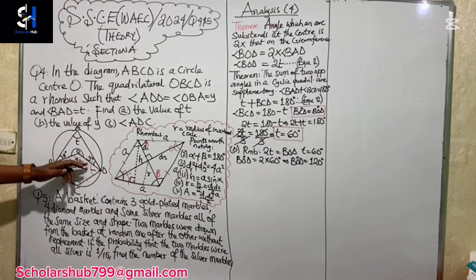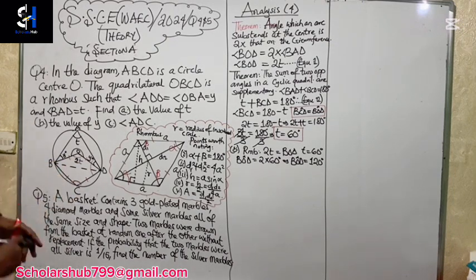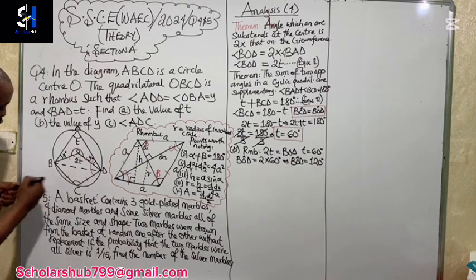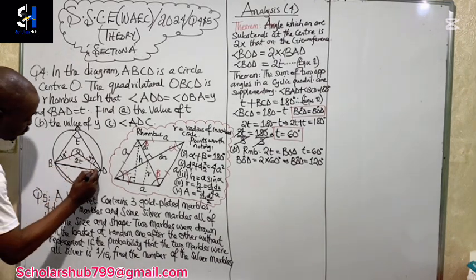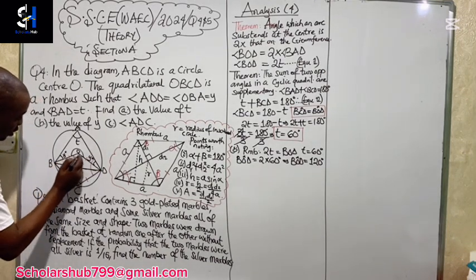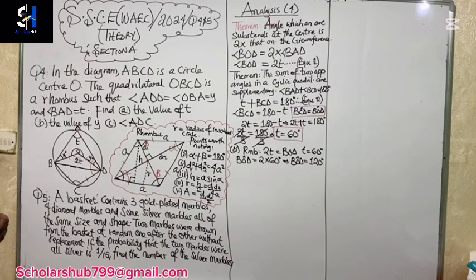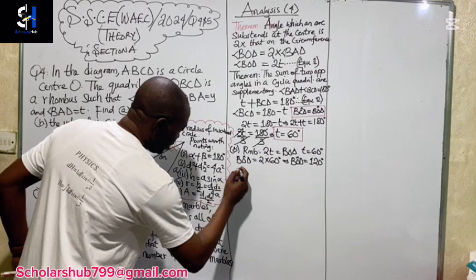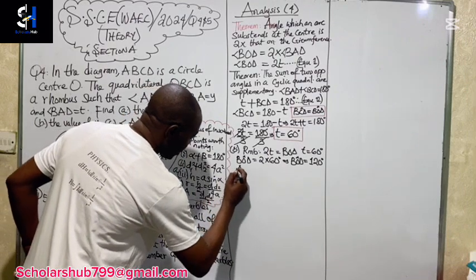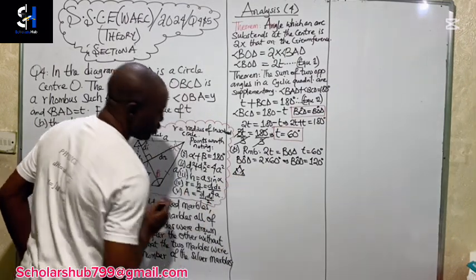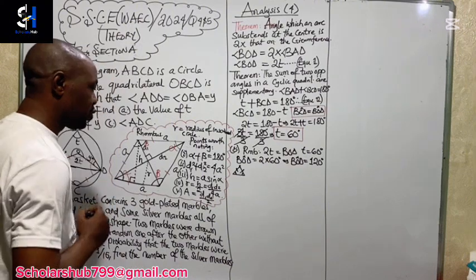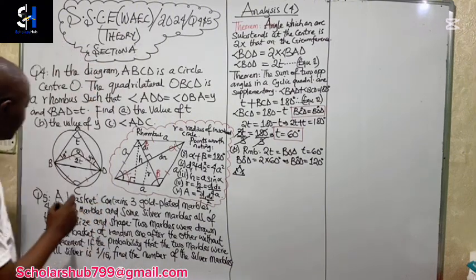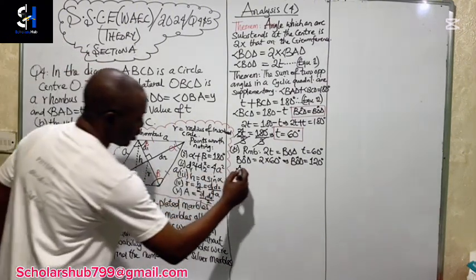If we have these to be radii, then this triangle will be an isosceles triangle. And we know that in an isosceles triangle, these two base angles will be equal.